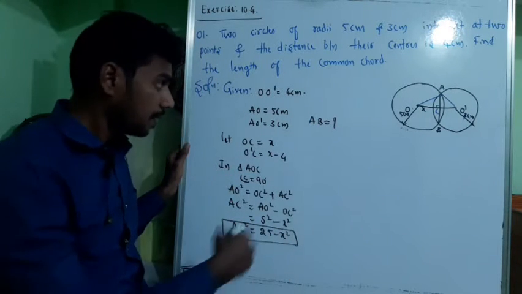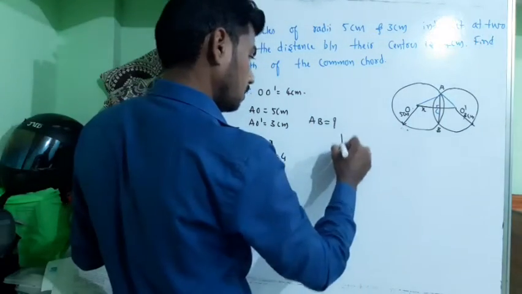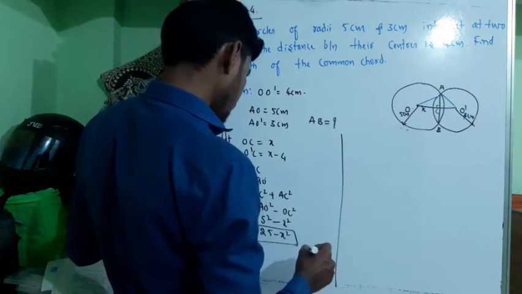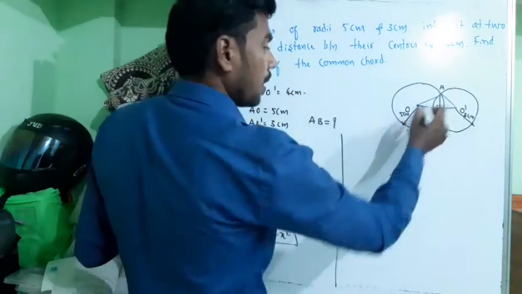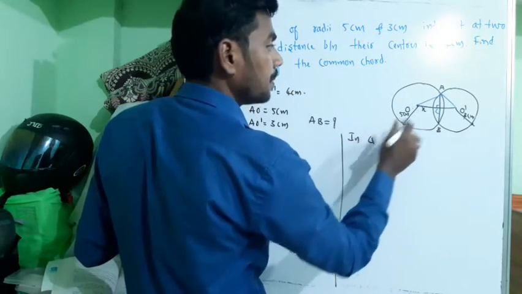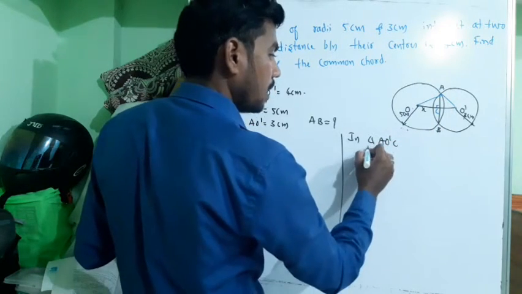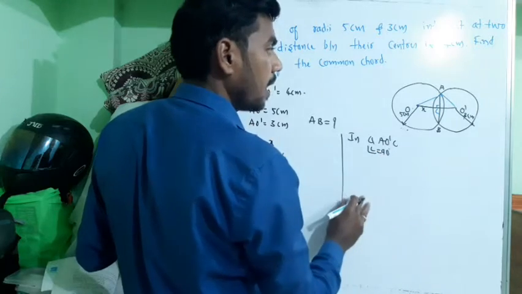Next, in triangle AO dash C, angle C is equal to 90 degree. Then what can I write?